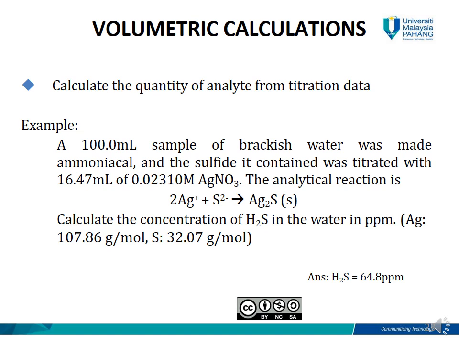Basically you have a sample of about 100 milliliter, and you titrate it with this silver nitrate. In this case, silver nitrate is your titrant, the solution in the burette. First, you must calculate the number of moles of silver nitrate involved. After that, when you get the number of moles of silver nitrate, you can simply make a comparison by using the chemical reaction.